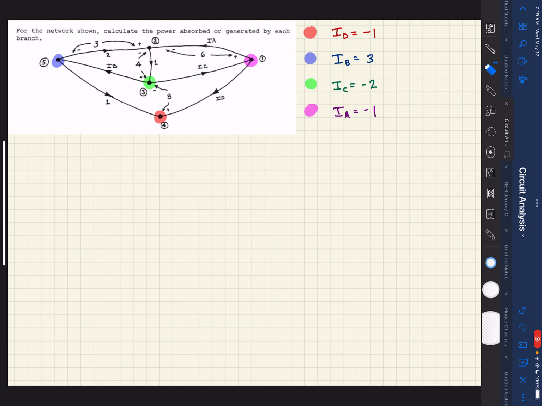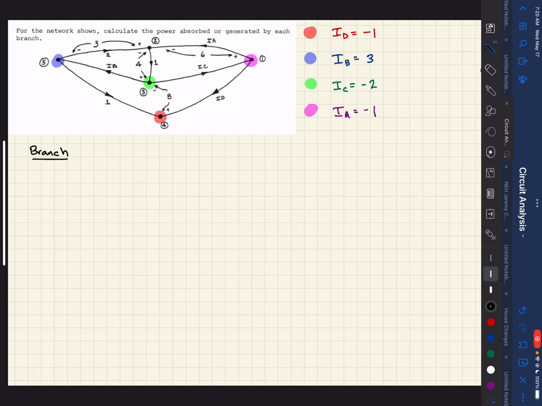So now we need to look at each branch separately and determine what the voltage relationship and current relationship is between them, and then we use that to determine if power is generated or absorbed. So first, we want to define what the branches are. So we want every branch. So we'll start with node 1.